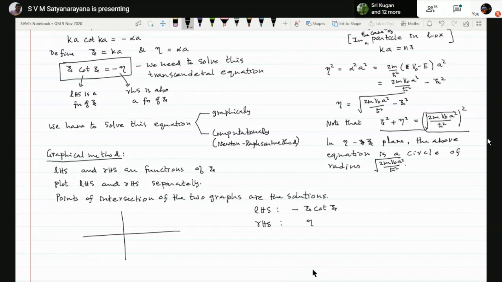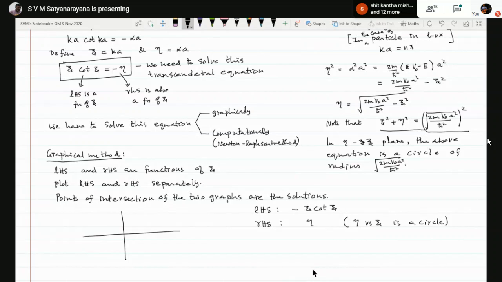Notice that eta versus xi is a circle, so we don't have to do much in that. We have to plot this LHS.